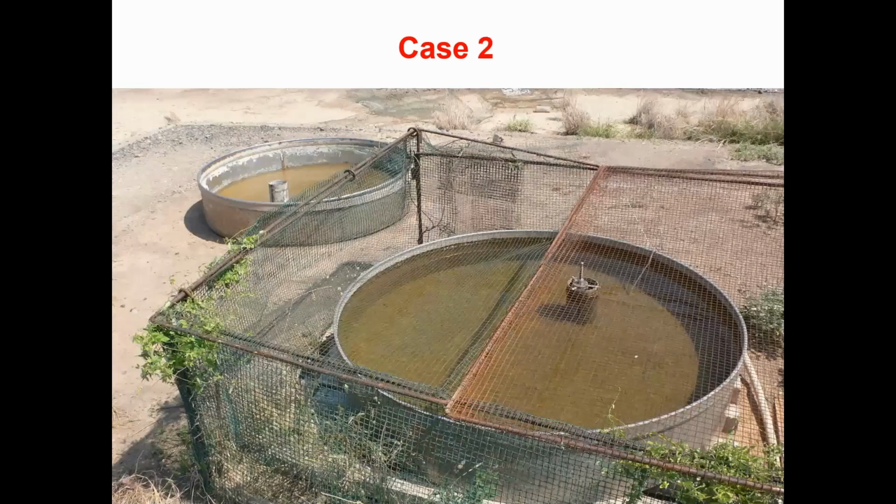Let's move to the second case. Now, can anyone actually tell me what this instrument is measuring before we go any further? Okay. Please feel free to... maybe evaporation. Could you just repeat that for me so I can hear better? Evaporation. Yes, very good.